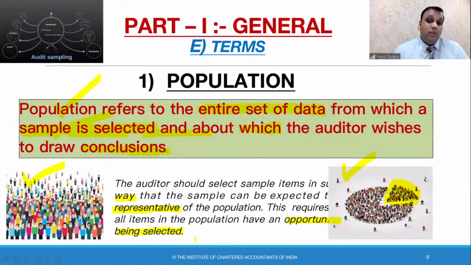There is quite a possibility that, by chance, incidentally, you take the sample of only those 3 creditors whose accounts are doing really good. You will frame an opinion, you'll come to the conclusion, yes, there is no problem with the sundry payables. The money is being received in time.